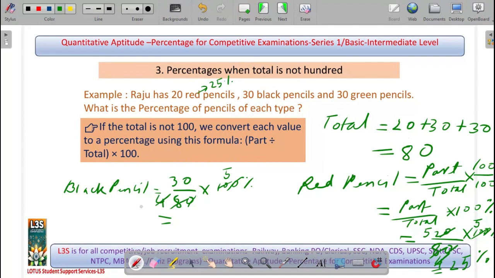Again we simplify it, so we get 15, so we got 75 by 2%, that is 37 1 by 2%. Now in case of the green pencil also it is the same number 30, so green will also be the same 37%.